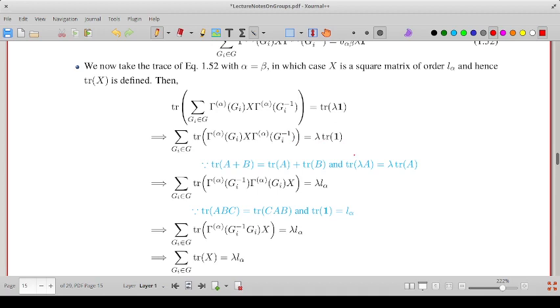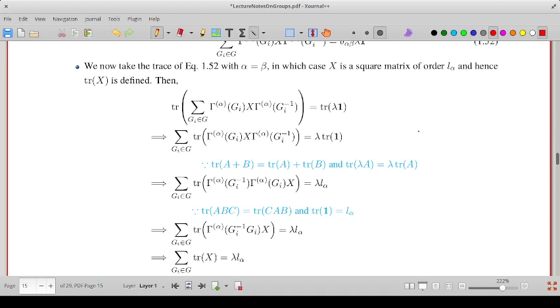Now, if we have a scalar number multiplying a matrix, trace of lambda times A is equal to lambda times trace of A, and therefore the trace of lambda times identity matrix is simply lambda times the trace of the identity matrix. Now this identity matrix is of order L alpha, so it's an L alpha by L alpha matrix, and therefore its trace would be simply L alpha.